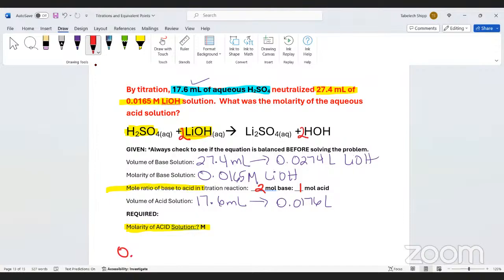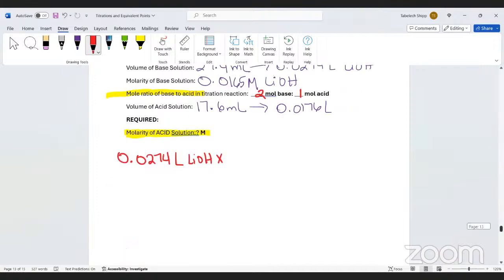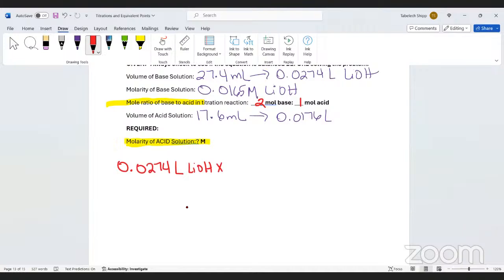I'm going to convert that volume to 0.0274 liters of the lithium hydroxide. I'm going to multiply that times the molarity of lithium hydroxide. And remember, 0.0165 is also equal to 0.0165 moles per liter. I keep writing those units down because so many students forget that molarity is equal to moles per liter.